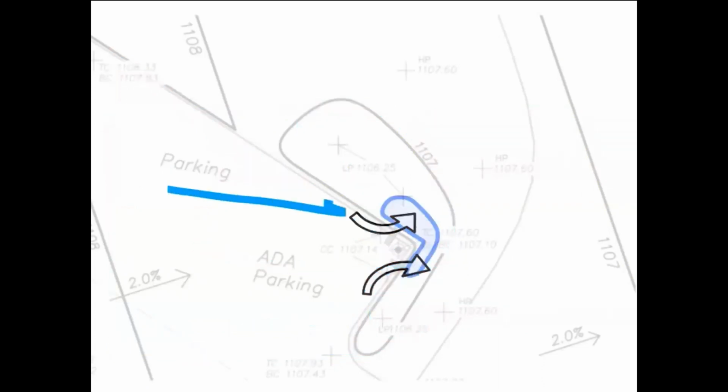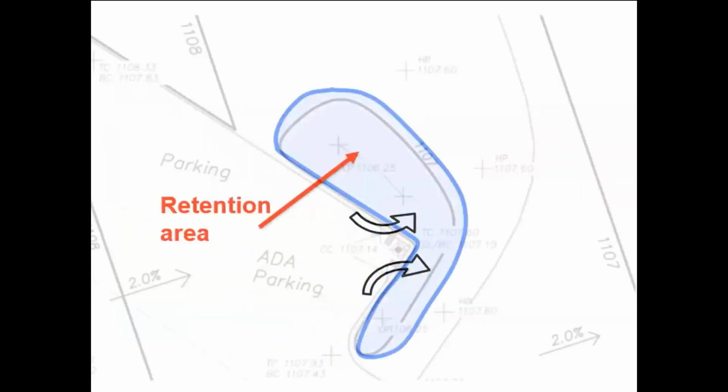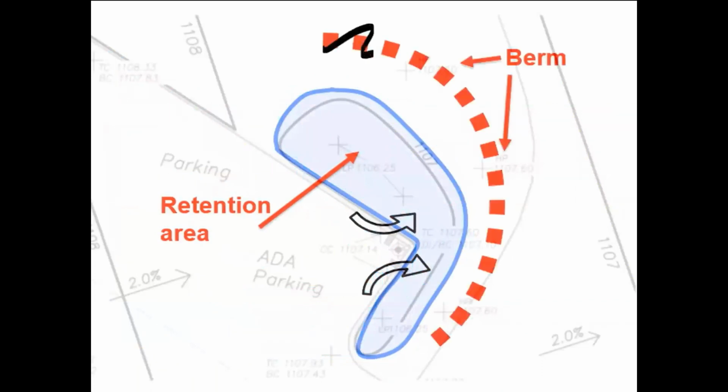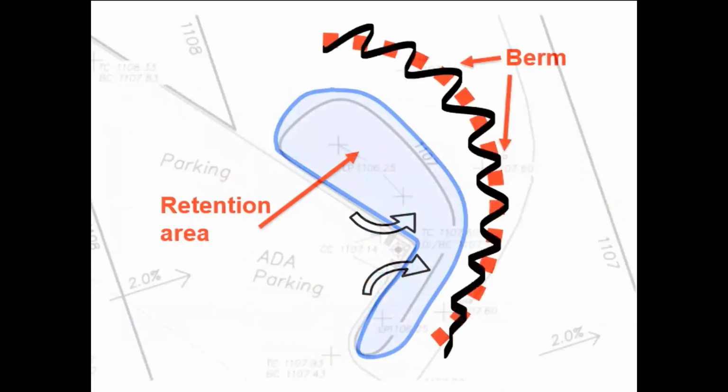And as all this water flows in, this system is going to start to fill up. It will continue to flow in, and the system will fill up a little bit more. And so eventually, the entire system is filled up, and this is what we have available for our bioretention area. Of course, we have our berm on our backside that keeps water from overflowing downhill beyond the capacity of the bioretention area.